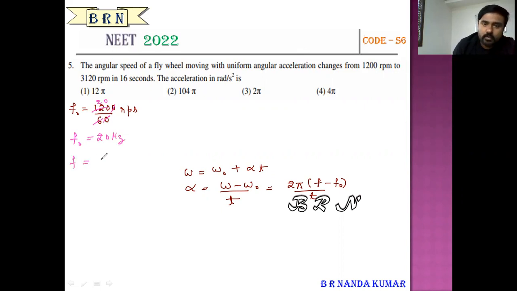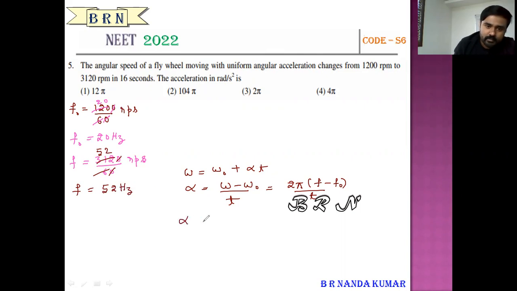And f is 3120 divided by 60 rps, converting rotations per minute to rotations per second. The 0 cancels, 6 5s are 30, 12 gives 52. So the frequency is 52.